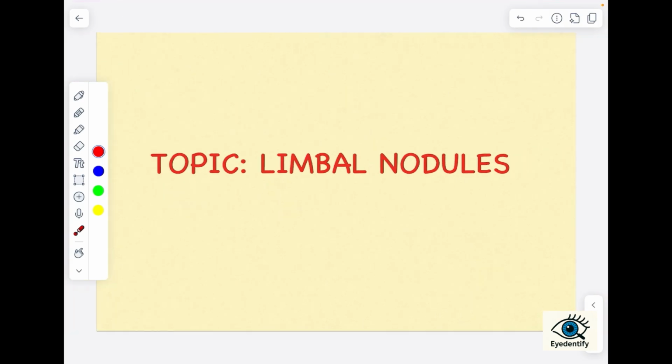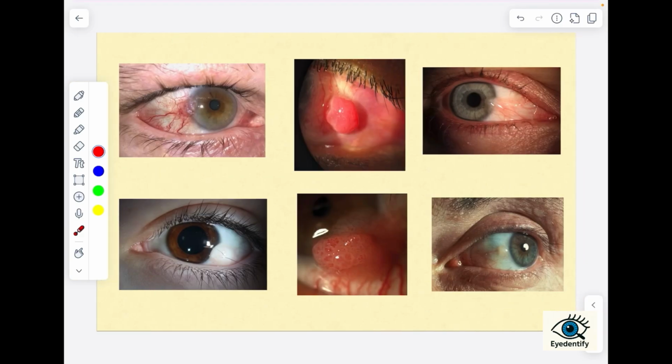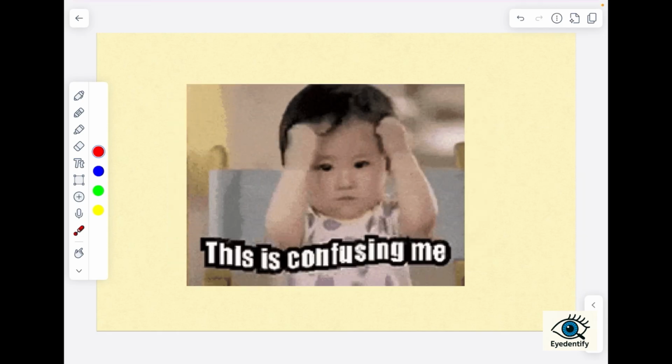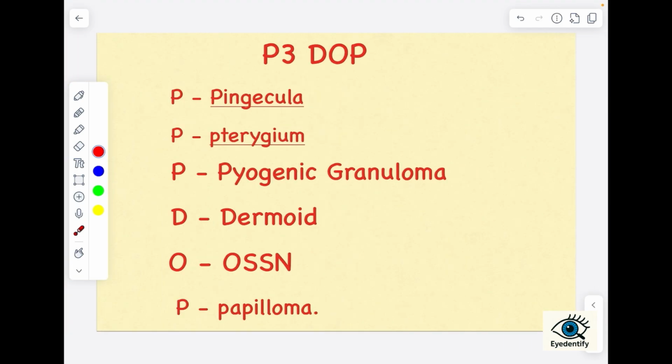So the topic is limbal nodules. And which are the limbal nodules? These are the limbal nodules. But yes, you are right, they all look so similar. This is very confusing. So to remember which are the limbal nodules, we'll understand it by one mnemonic, that is P cube DOP.